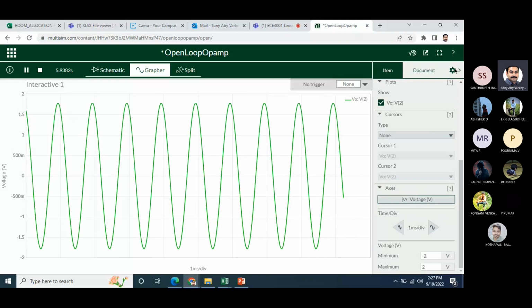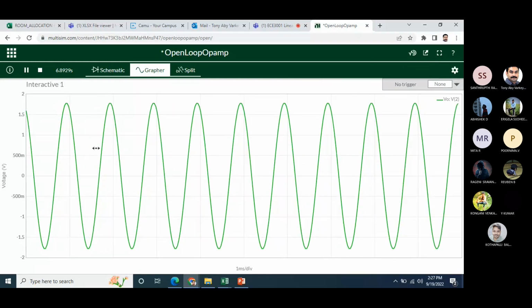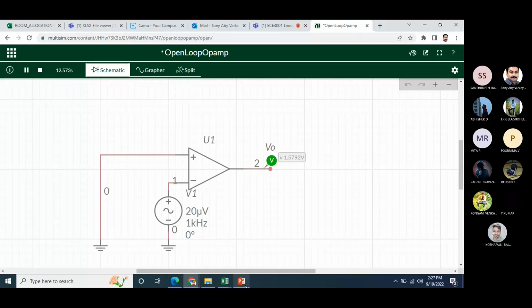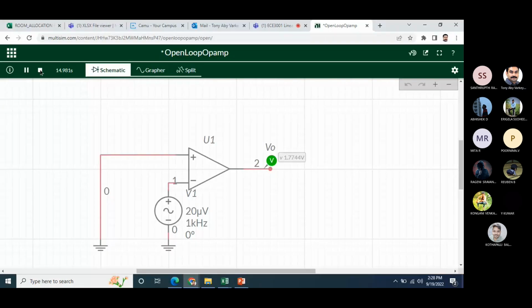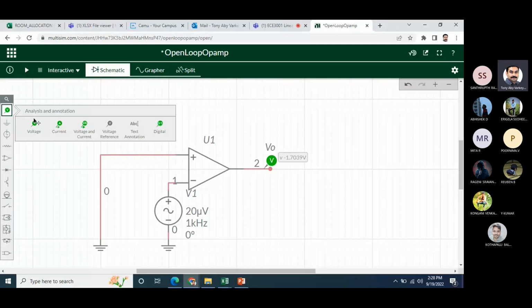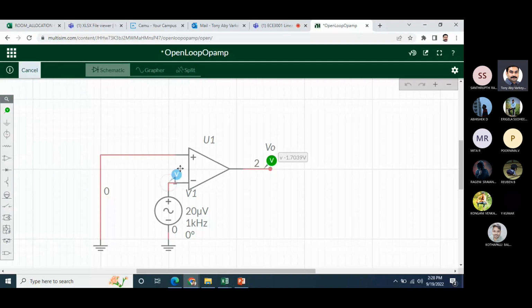Okay, this is the output. If you want to see the input also, I'll take one more voltage probe and connect it here so that you can see the input also.